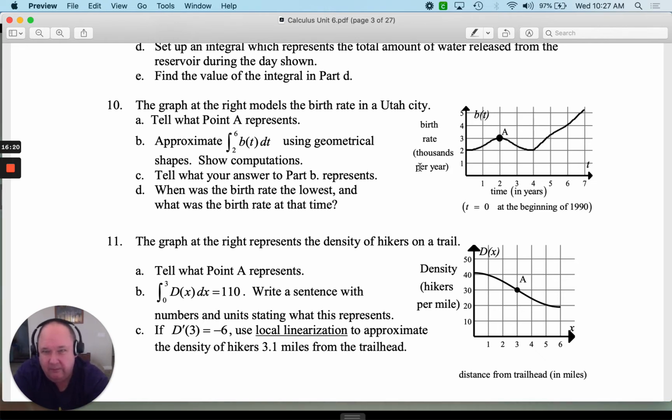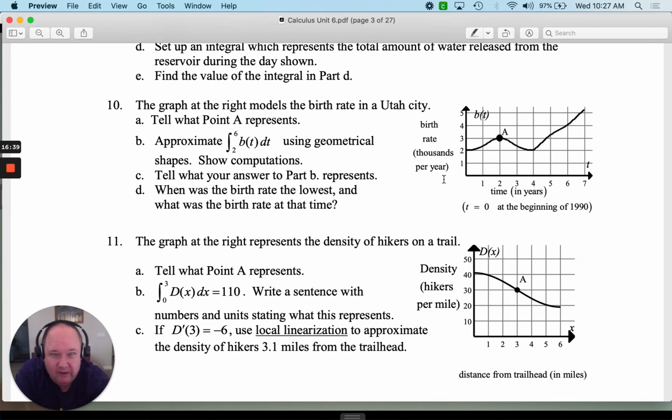What's the story about? So the story is about the birth rate in a Utah city. So the birth rate in a Utah city is, and what's the rate? It's thousands.